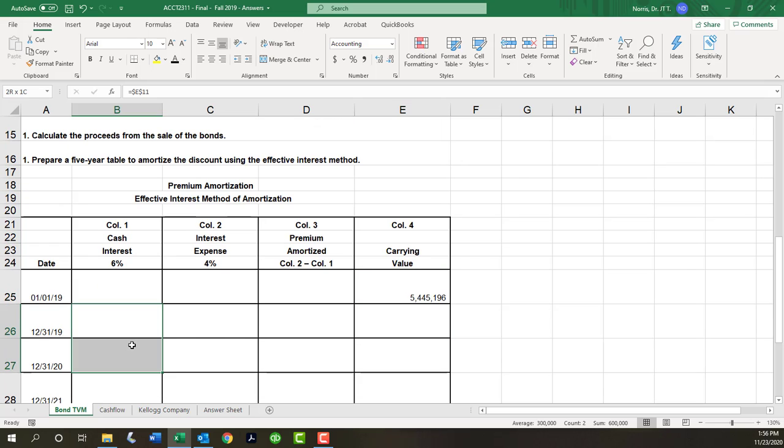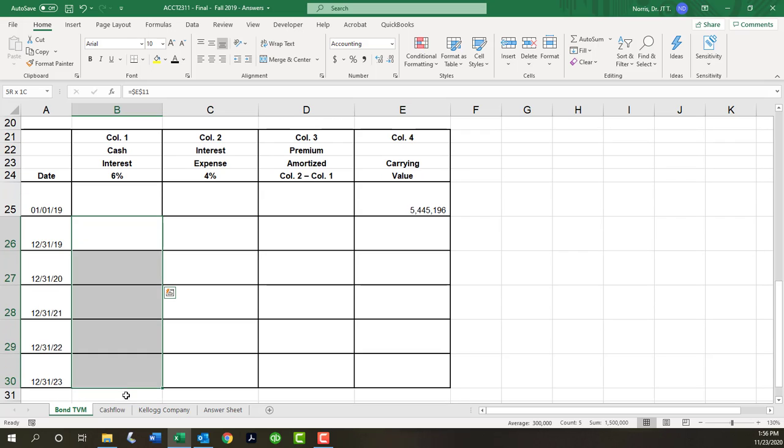The cash interest rate is always going to be the $300,000. That's what's paid each December 31st. So if you multiply the carrying value of $5,445,196 times the market rate of 4%, you get an interest expense of $217,807.84.